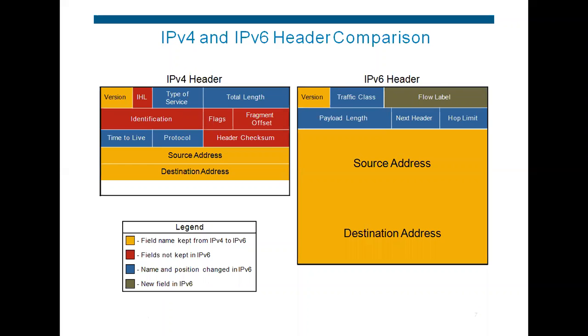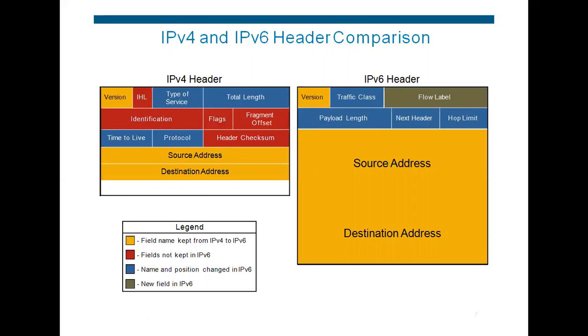This feature will not be carried out by the header directly. If fragmentation is required, an additional header can be attached, but the basic IP version 6 header will not do that functioning. Then the header checksum field is also removed from IP version 6.